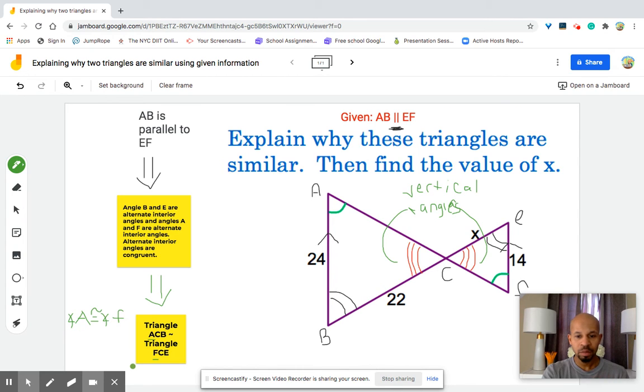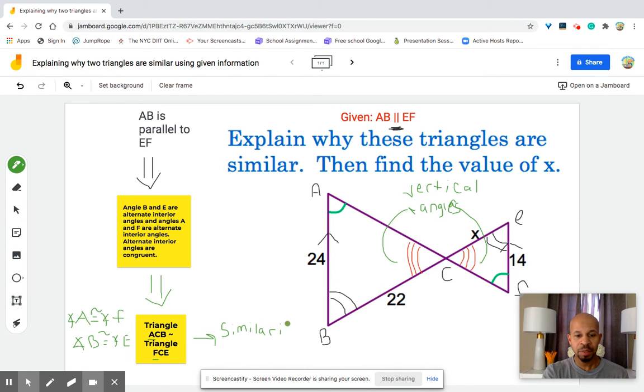Angle C, ACB and ECF are both congruent as well, but also angle B is congruent to angle E. And notice how they both come last. So that's important, guys. The way you write your similarity statement is important. This right here is your similarity statement.